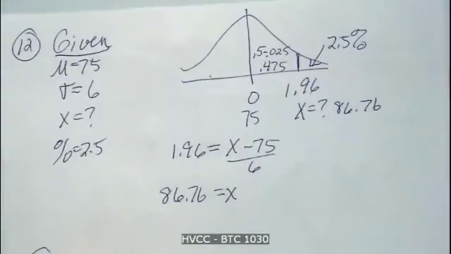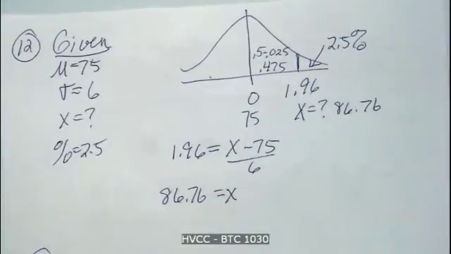13. This is a little different one. We've been finding 1 x. Well, I will give you a question like this. Within what symmetrical limits around the population mean will 95% of the assembly times fall in?